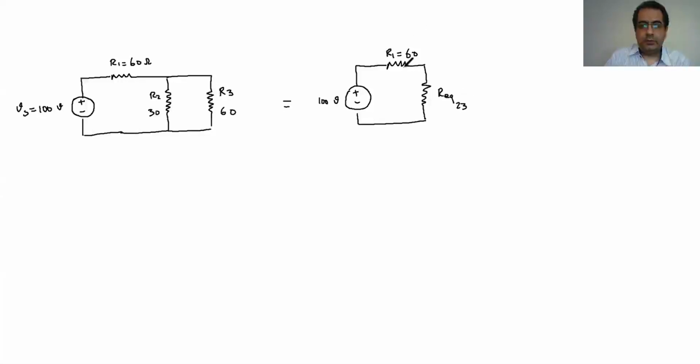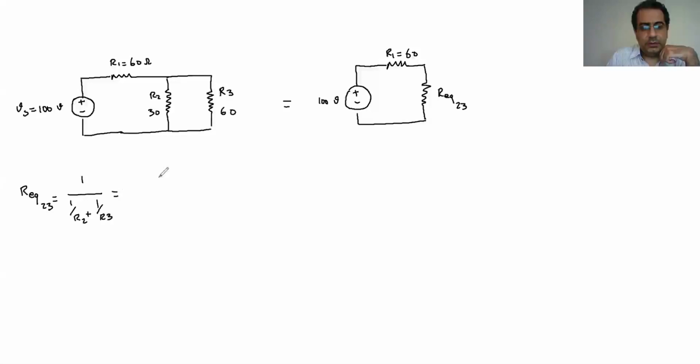REQ of 2 and 3 are in parallel, so it's going to be 1 over 1 over R2 plus 1 over R3.